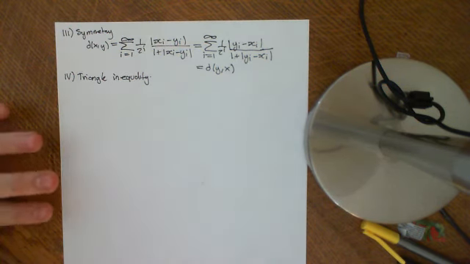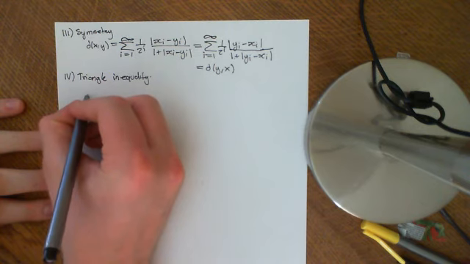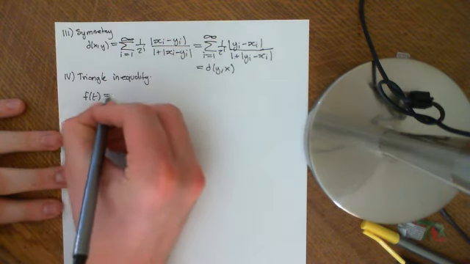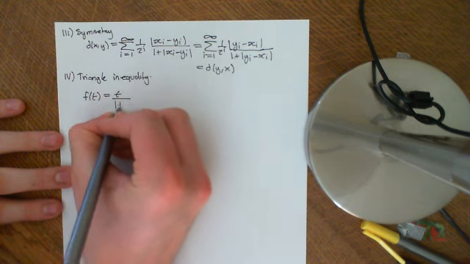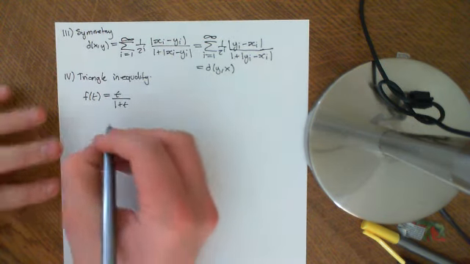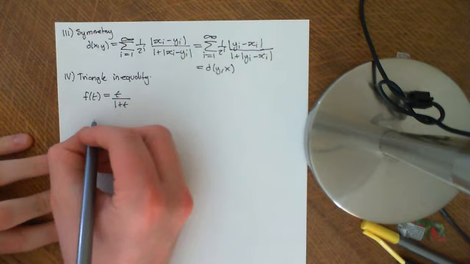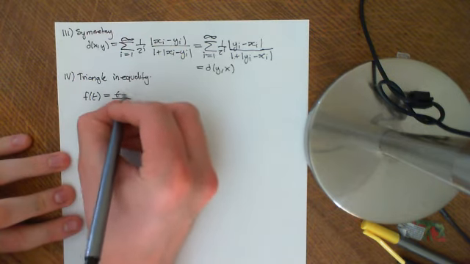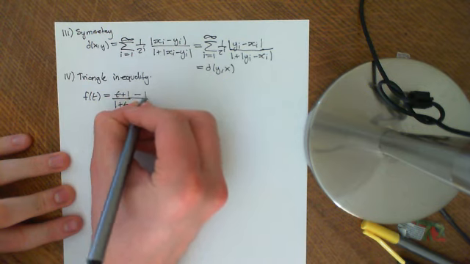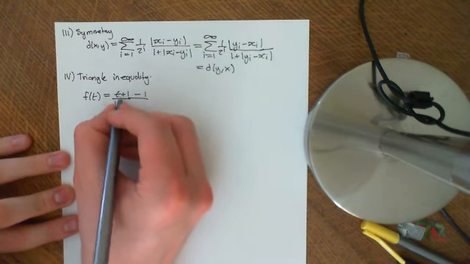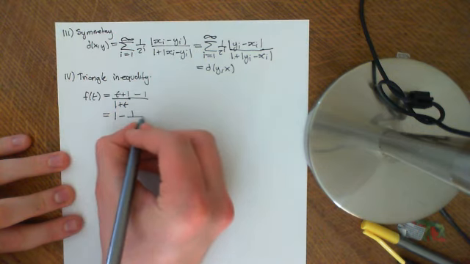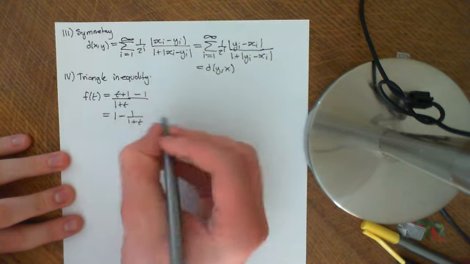Basically what we're going to do is look at the function f of t, f of t is equal to t over 1 plus t. There's another way of writing it: if you imagine adding 1 on and then subtracting 1 off, then the 1 plus t cancels with the 1 plus t, and we get that it's equal to 1 minus 1 over 1 plus t.